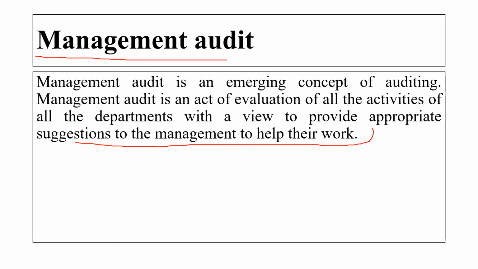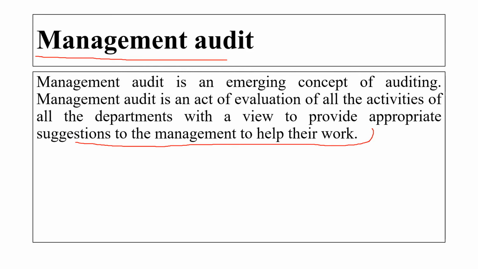The main objective of the management audit is to improve the profit earning capacity, the work of the management, the objectives of a program, social objectives and human resources development, so that the organization's goal can be easily attained.